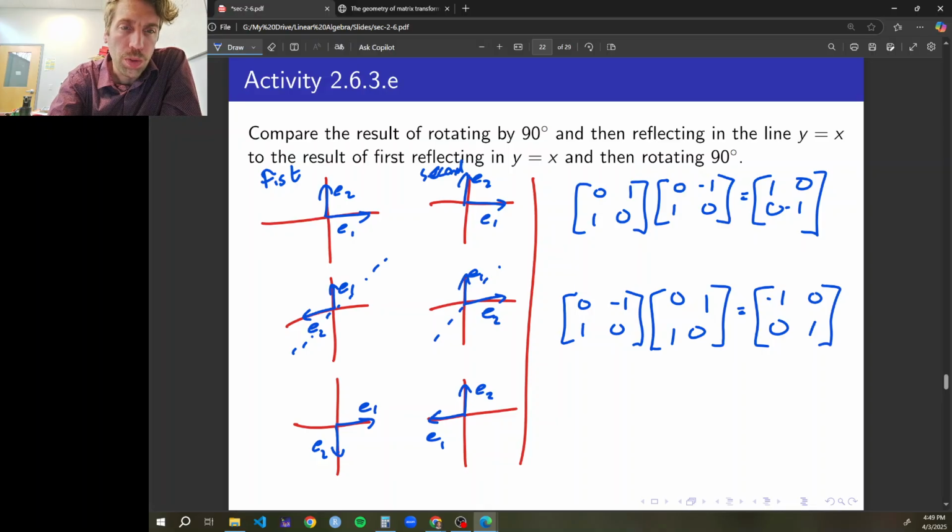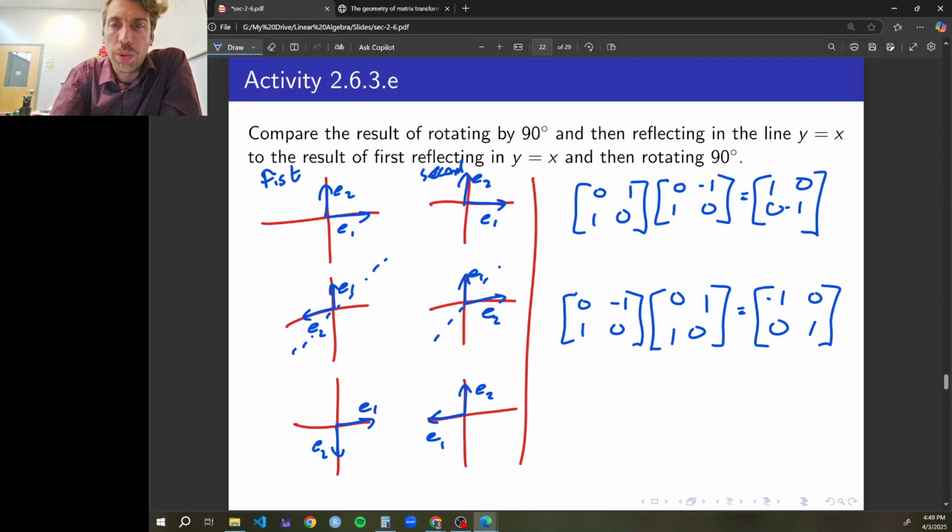First we rotated 90 degrees. So then e1 is where e2 was, and e2 is where negative e1 is. And then we reflect over y equals x. And so e1 gets reflected. Its reflection is right there. e2's reflection is going to be right there. So then you've got e1 there and e2 there.